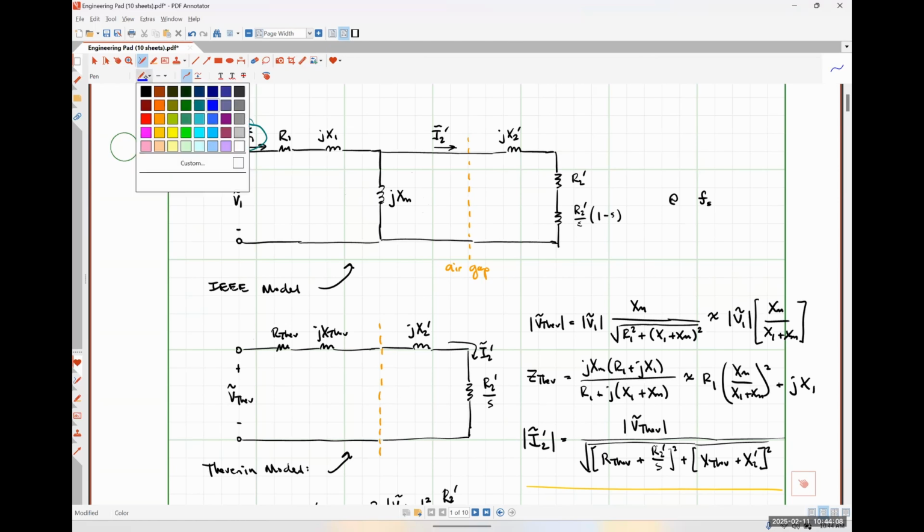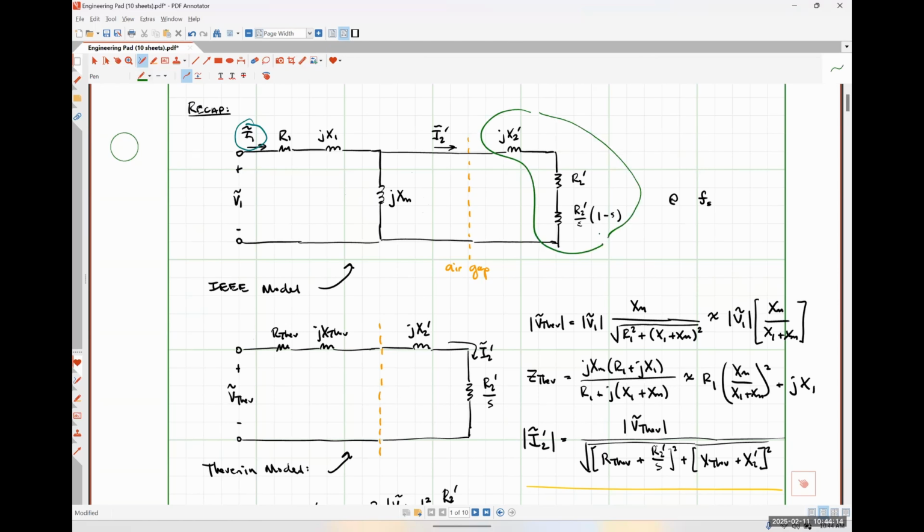So I would take effectively this impedance, which is my rotor, put it in parallel with JXM. And then to that, I'm going to add my stator impedance because that's in series. Okay. So R1 plus JX1 and then plus JXM in parallel with this guy over here, which Nick was correct about in saying that we could simplify that R2 in series with R2 over S times 1 minus S. That's literally just R2 over S. Okay.